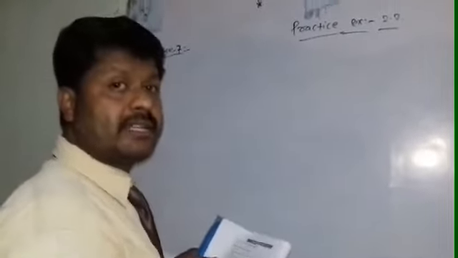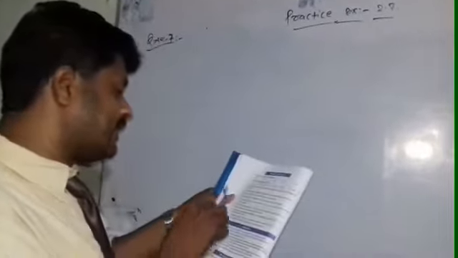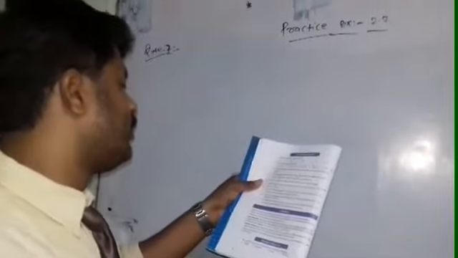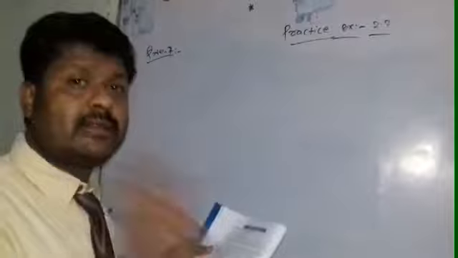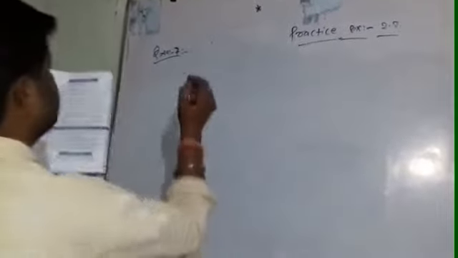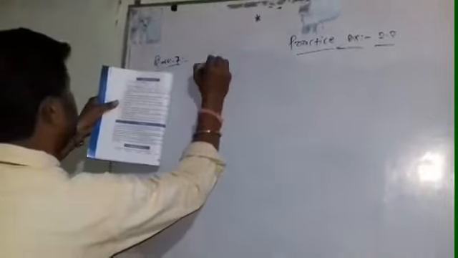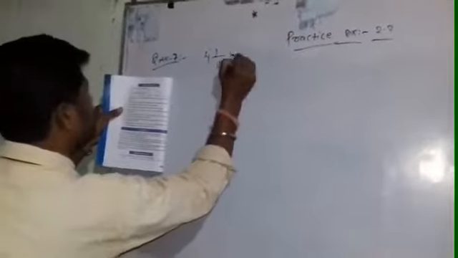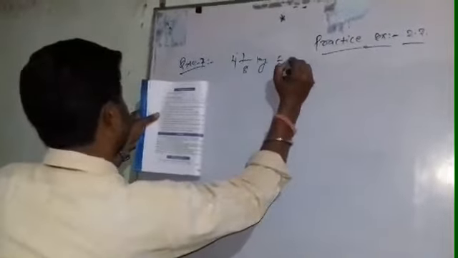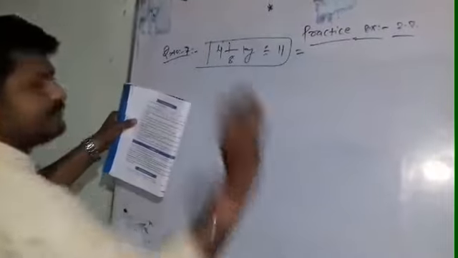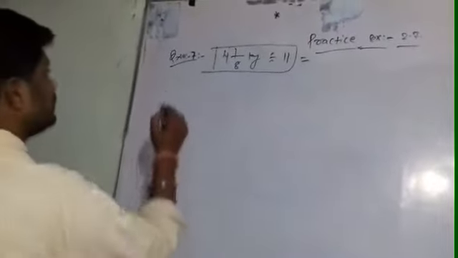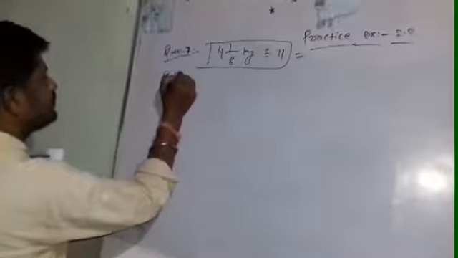To bake 11 cakes, that means 4 whole 1 by 8 kg of flour is to be divided into 11 cakes. If 4 whole 1 by 8 kg is divided into 11 parts, then you will get your answer. Clear? Question number 8.